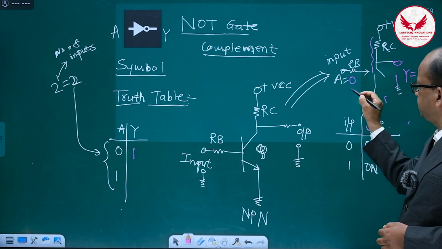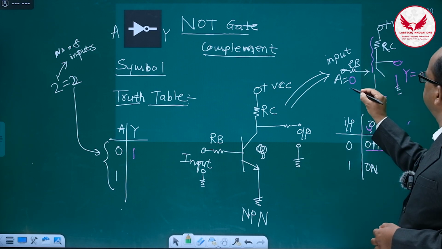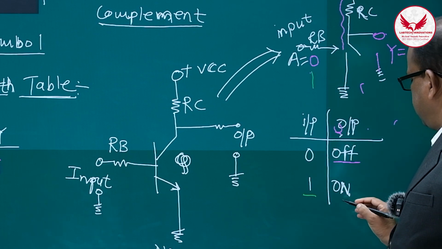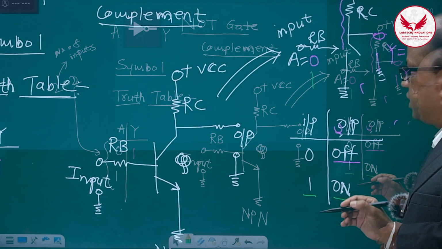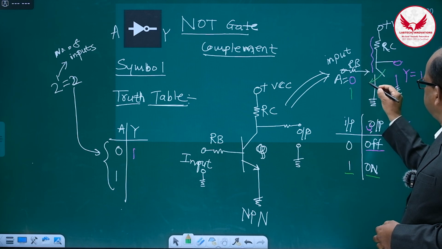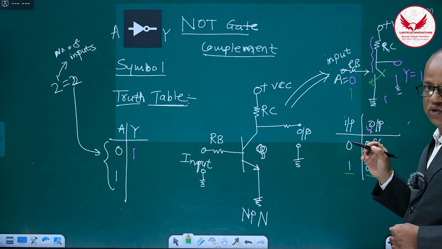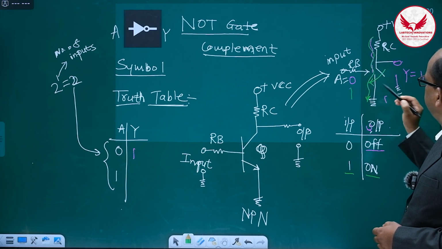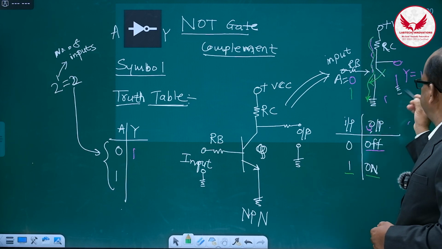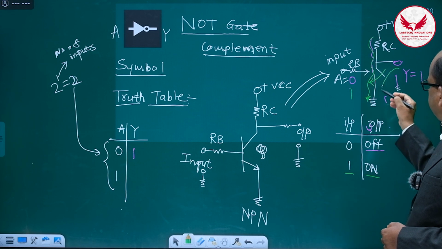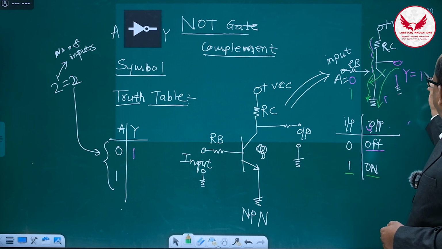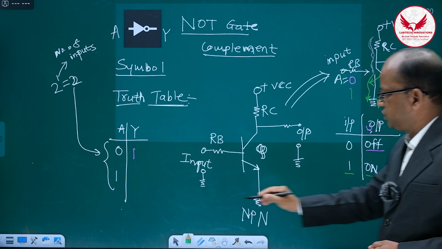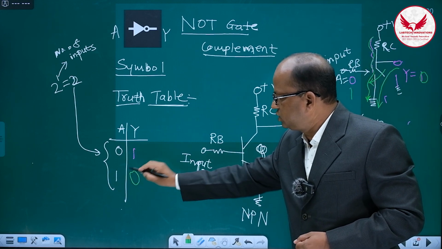In the next case, if I apply the input as 1, what will happen? If the input is 1, the transistor becomes on. The transistor becoming on means the switch gets closed. And in this way, there is a path for the current to flow from VCC to ground. The output terminal is connected to ground, so I'll get the output as 0.